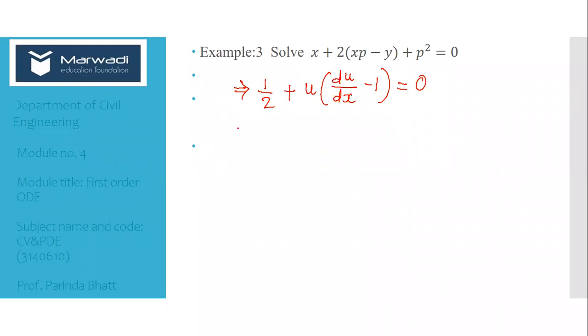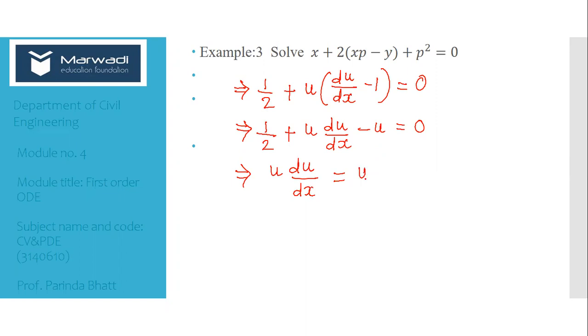Now open this bracket. Therefore, half plus u du by dx minus u equal to 0. Wait for the 1 minute. u du by dx, u and 1 by 2 move to the other side, therefore u minus half.